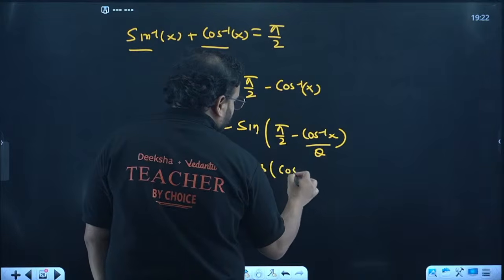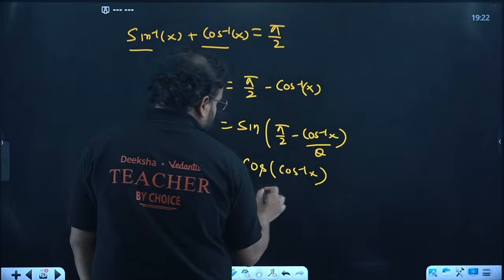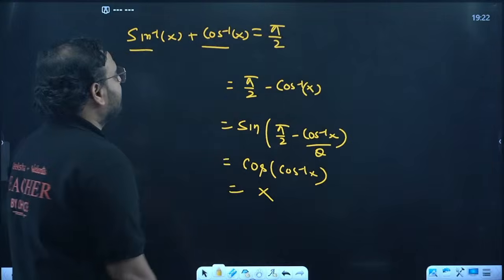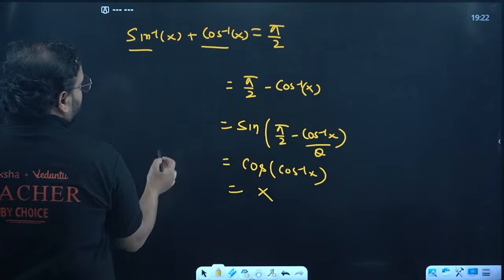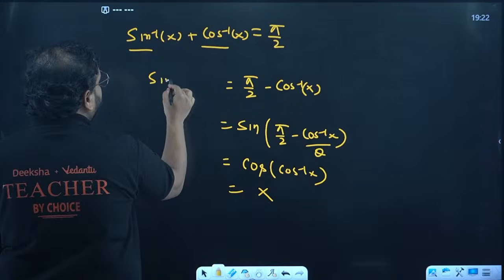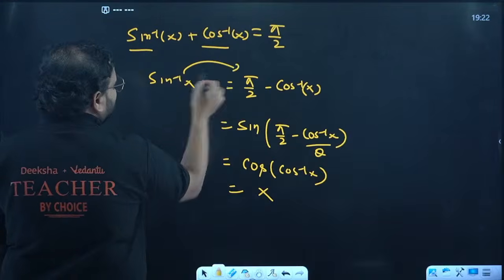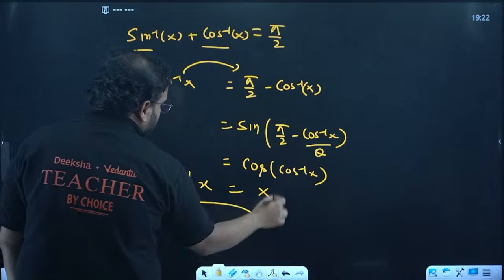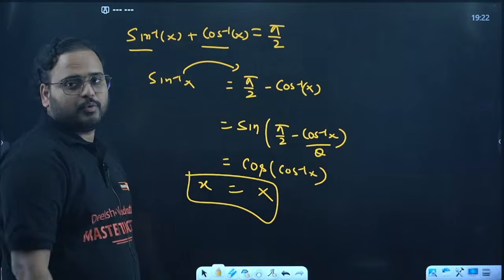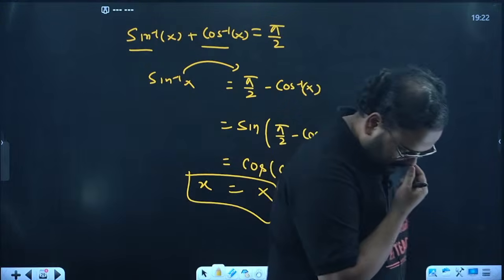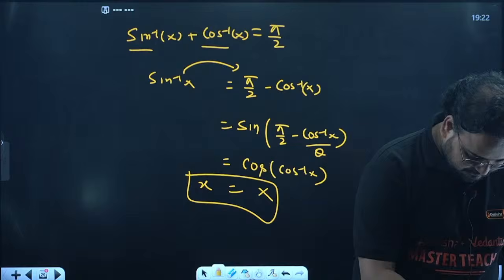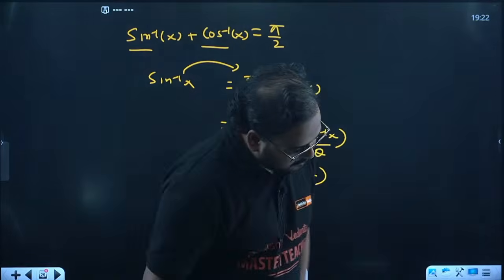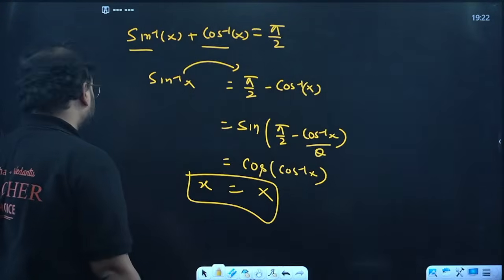So cos inverse of x is becoming x, right? And if you had sine inverse over here, you move sine on this side, it simply becomes x equals x, which is true, right? It is true, no? DRK, all good, right? Let's move on then.